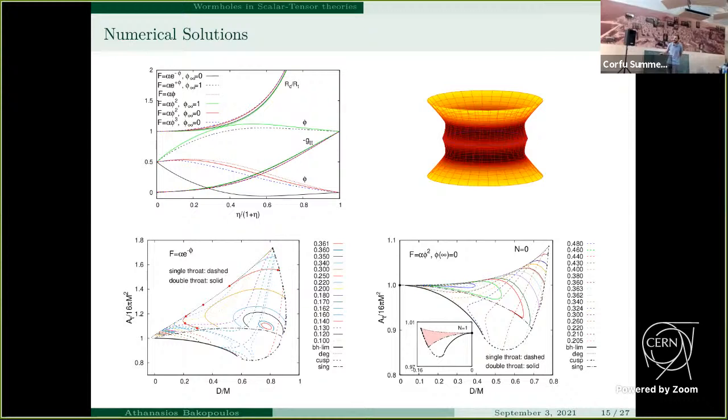The black line at the bottom has the Gauss-Bonnet black holes. Colored solid lines have the double throat solutions, while the dashed lines have the single throat. And this is how a double throat wormhole solution looks. We have the two minima, the two throats, and a maximum in between, which is the equator.